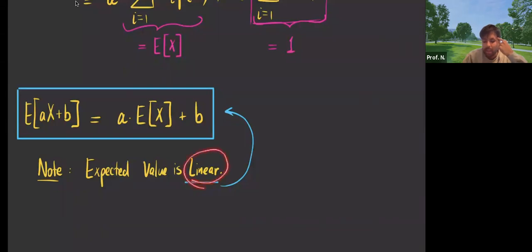But linear in mathematics is beyond just a geometric understanding of something being straight. Linear is an algebraic property. So what I'm saying here is that the expected value has an algebraic property.